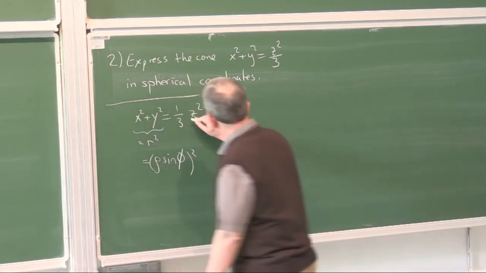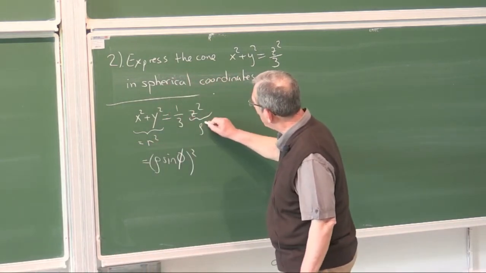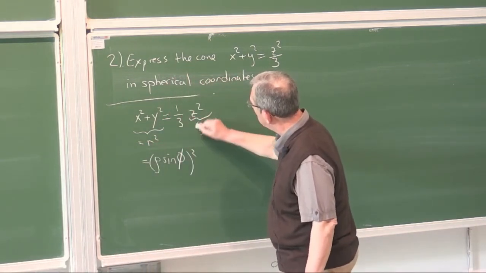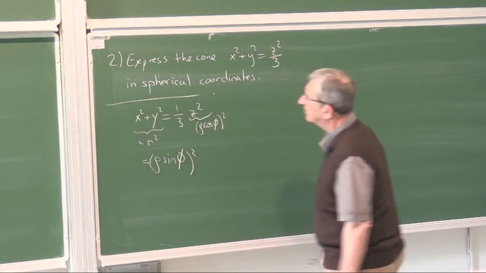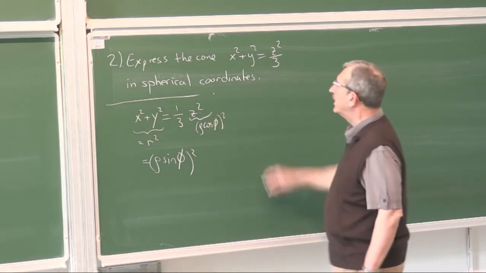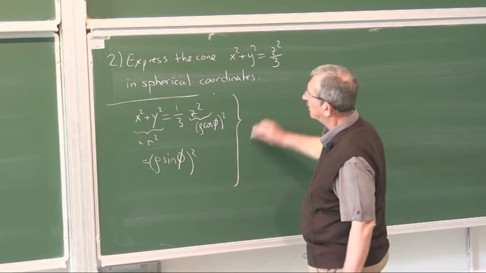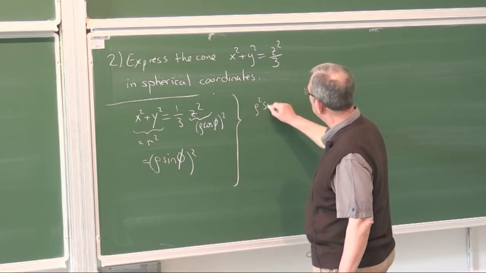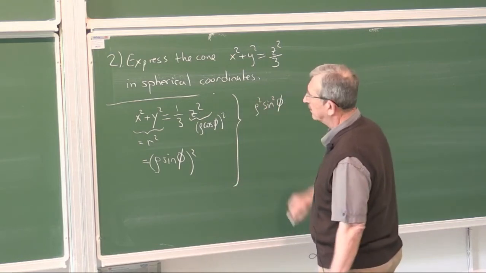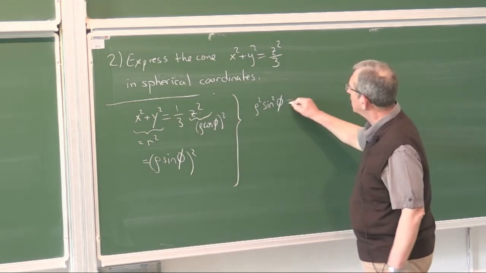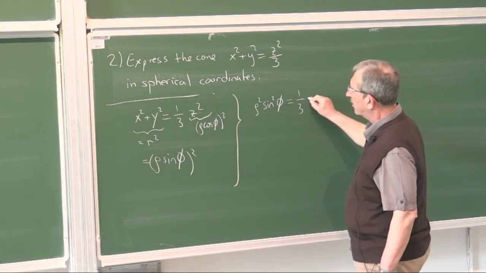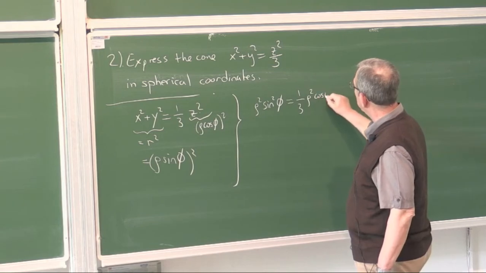On the other hand, z was rho cosine phi. So we get from here that rho squared sine squared phi, that is r squared, is 1/3 rho squared cosine squared phi.